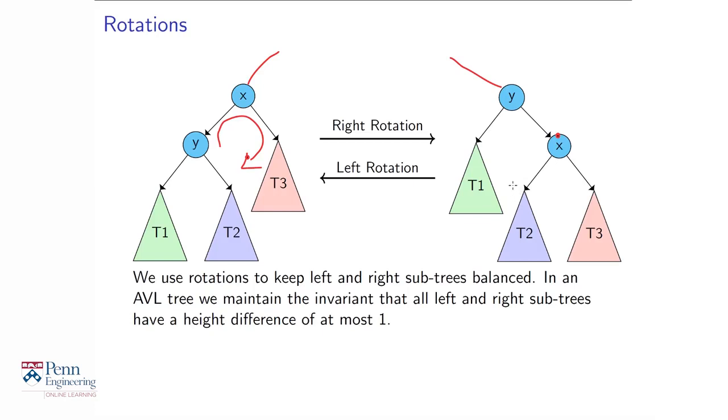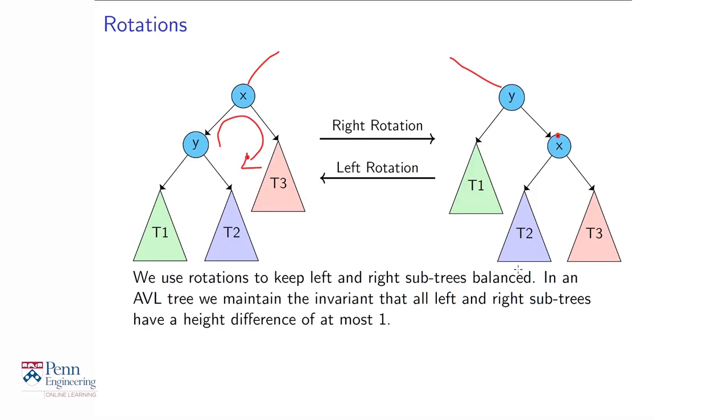So this is exactly where they belong. We can hang T2 here. And the keys in T3 are greater than both x and y, so we can make them the right subtree of x. So you can see intuitively, and you can prove this formally if you like, that this rotation operation preserves the binary search tree property.